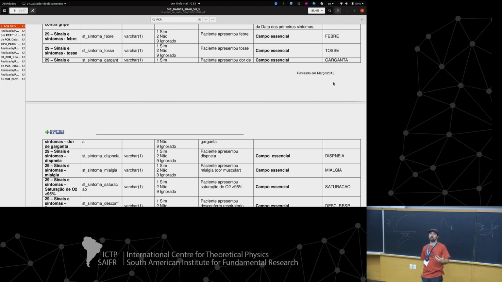Of course, there might be cases where the individual actually met the case definition criteria, but whoever was filling out the form didn't cross out the symptoms. Well, too bad. Okay? Again, it depends on what you want to do with this information.